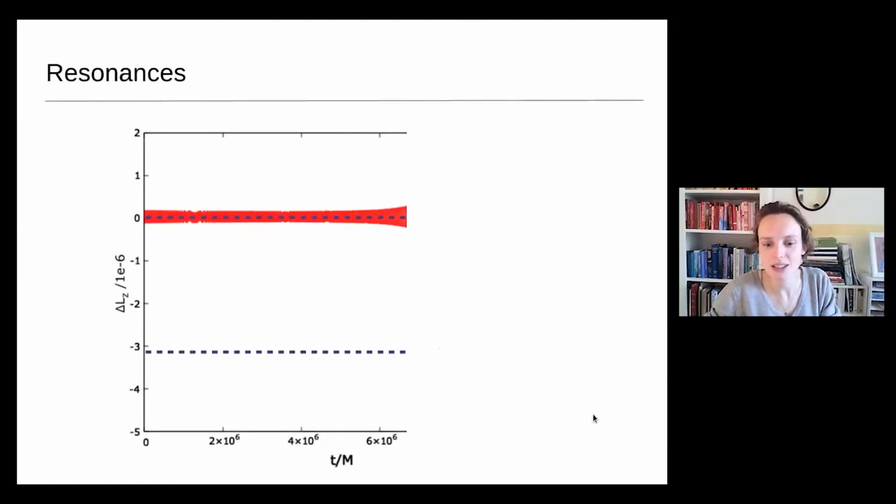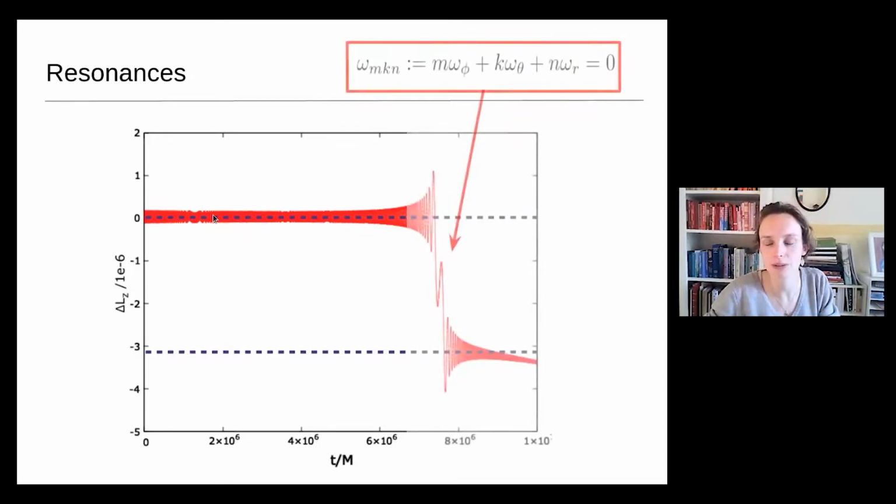So a resonance can happen. If I look at one of the key parameters to describe the orbit, which is its angular momentum, it is roughly constant over long time scales. But if a resonance happens, which involves these 3 frequencies that describe the orbit, and in particular, here, this m, k, and n have to be integer values, so 0, 1, 2, 3.